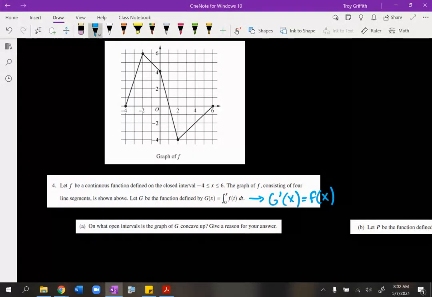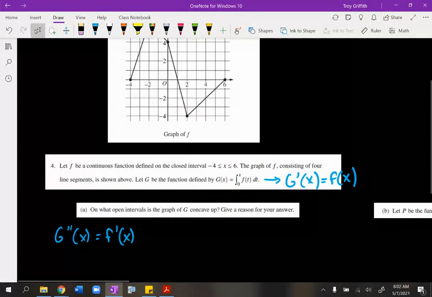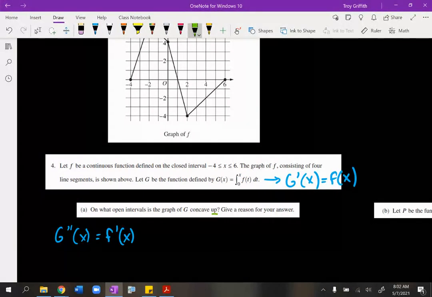We have this function g of x, and we know that the derivative of g of x is f of x, which means that the second derivative of g of x would have to be equal to the first derivative of f of x. In order for a function to be concave up, the second derivative has to be positive.